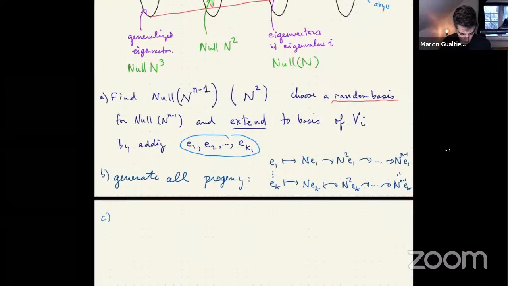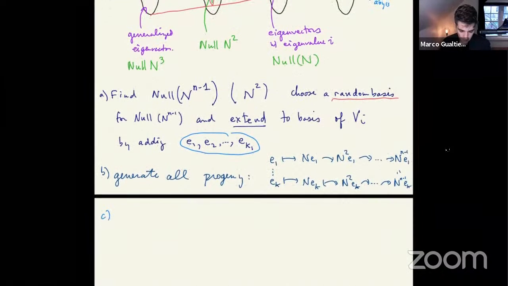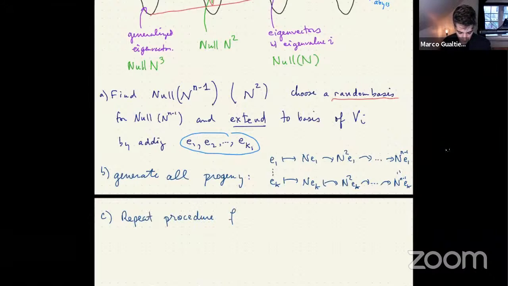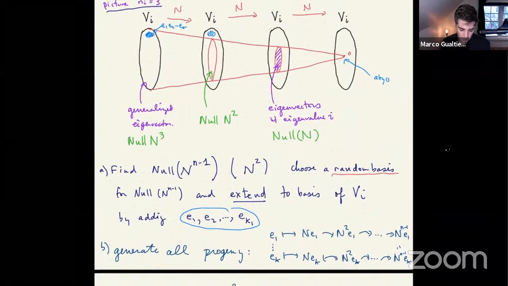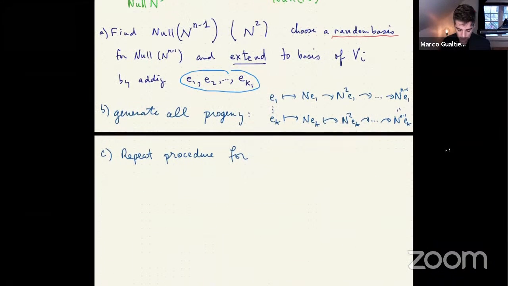So now we repeat the procedure for the null space of n squared in the next step.